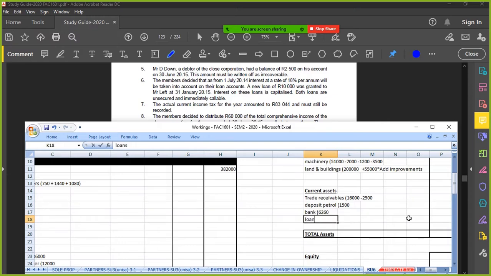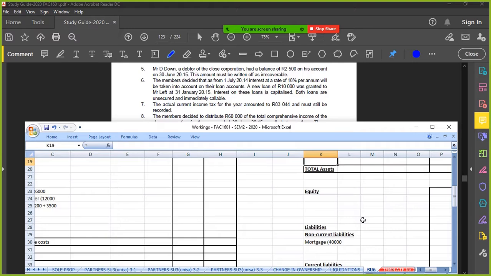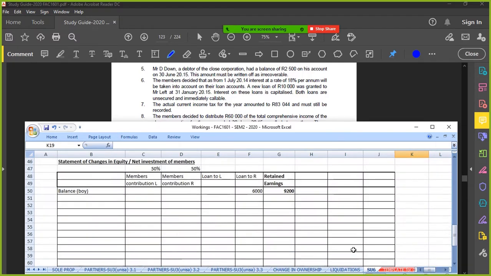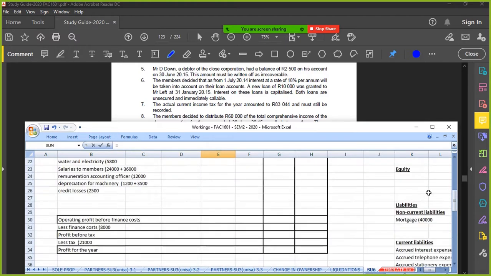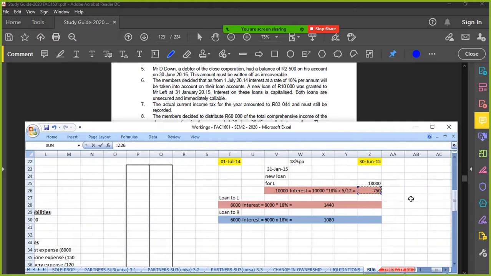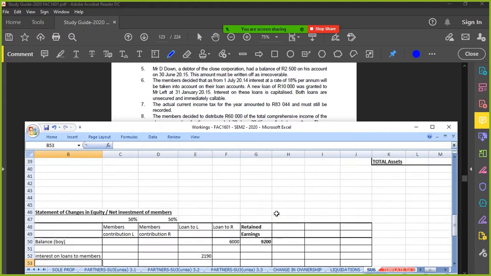Loans to O. Actually, because this is special, where's my associate here? Interest on loans to members. Okay, loan to L equals, what was the loan to L? It was 750 plus 144, enter.